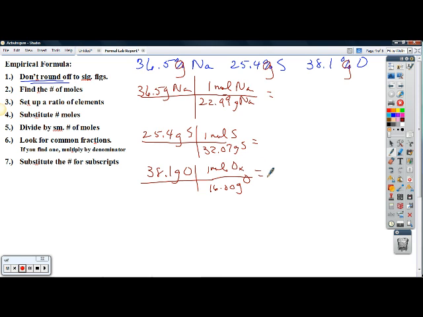All right, so do the calculation for me. 1.58. What's the next number? 7, and then what? 6. Okay, so that's probably plenty of numbers.